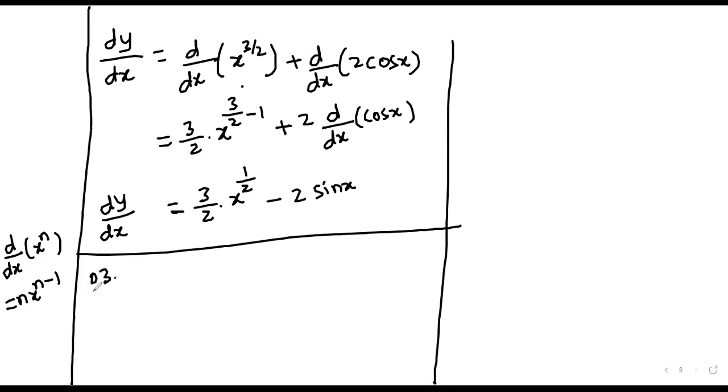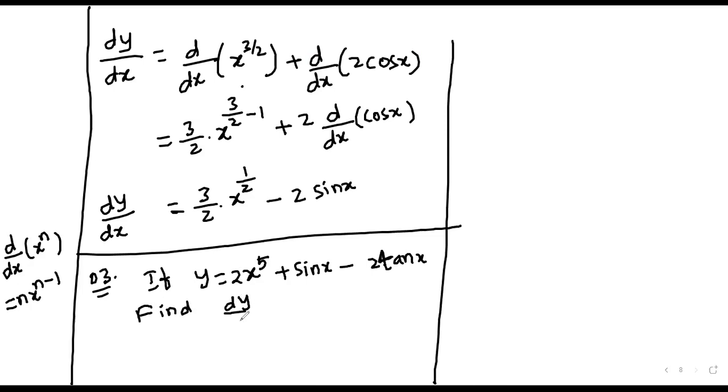Suppose y is equal to 2x power 5 plus sin x minus 2 tan x, then find dy by dx. How to do this dy by dx?